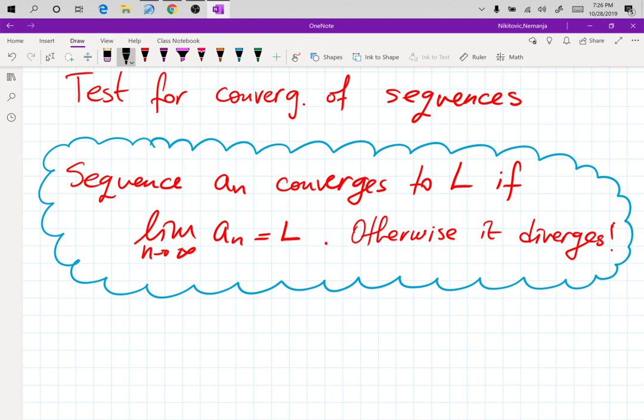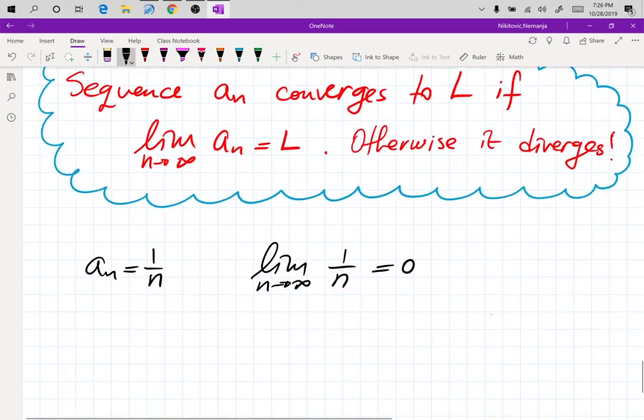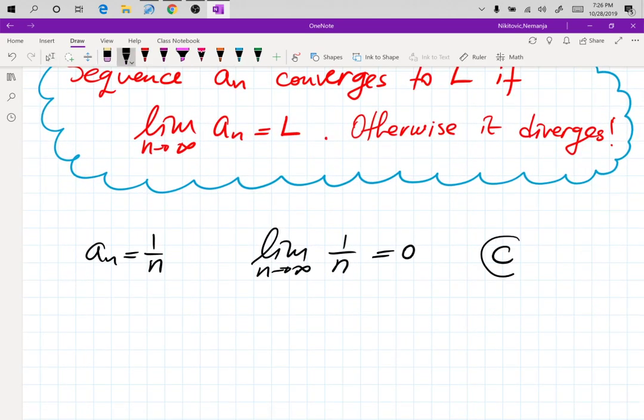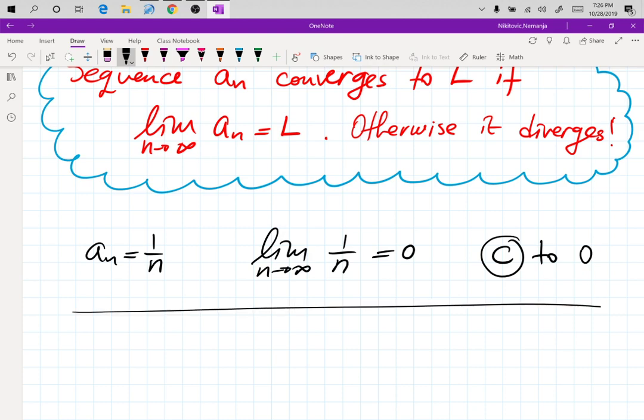I'm going to start with the simple examples that we already had as graphs. If my an is given as 1 over n, then the limit as n goes to infinity of 1 over n is equal to 0.